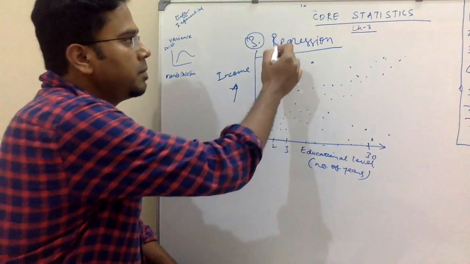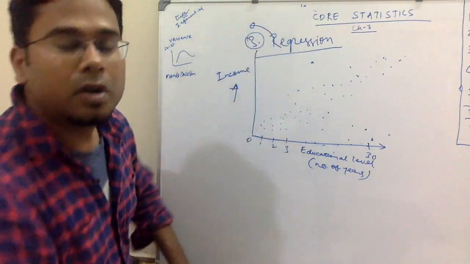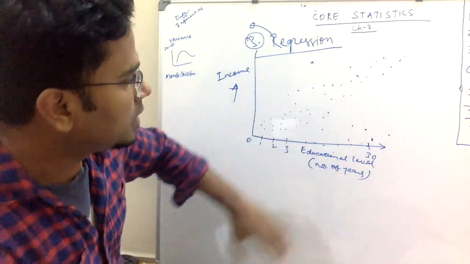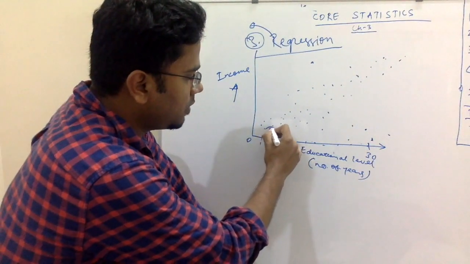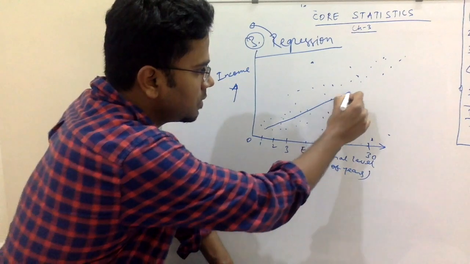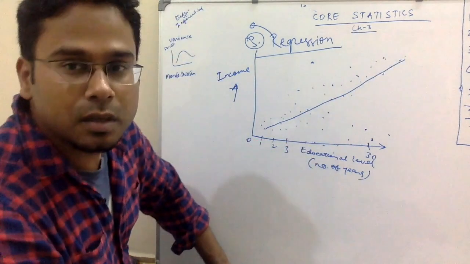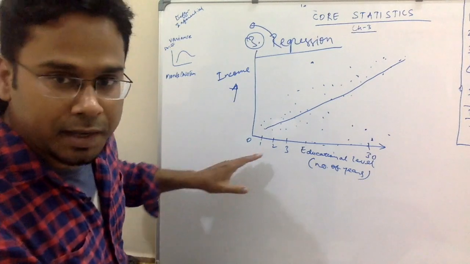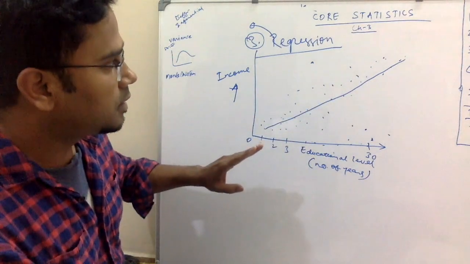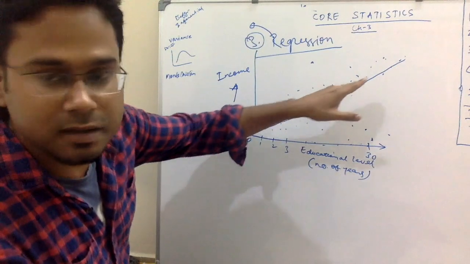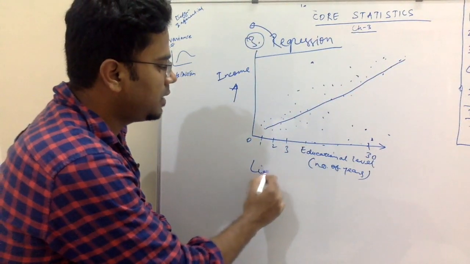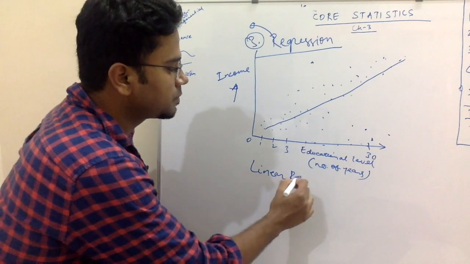In order to find the pattern, you will see something like a line here. If I try to draw like this, you can see a line, kind of increasing in this pattern. So if it is a straight line pattern, you will call it linear regression.